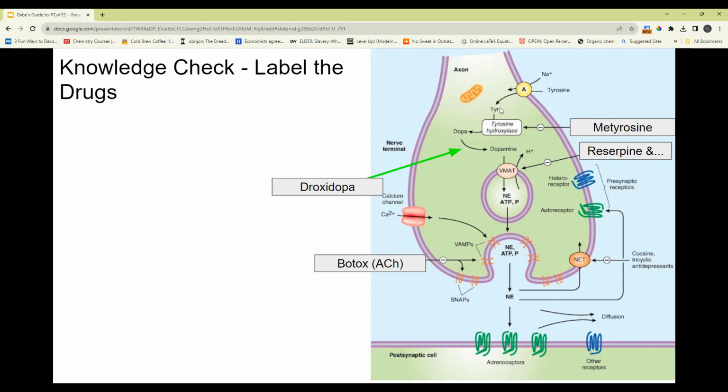You're basically building a dam down the stream, and then you're building another dam up the stream. It doesn't make sense to build two. Any questions about that? So metyrosine and reserpine is not a good combo because you're inhibiting the same pathway. One is upstream of the other. Best combinations of drugs are ones that work on different pathways.